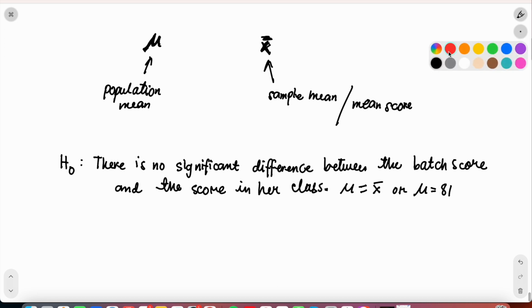Another way of telling this is also correct, guys. If you write your null hypothesis in this way, you won't use the words no significant difference.